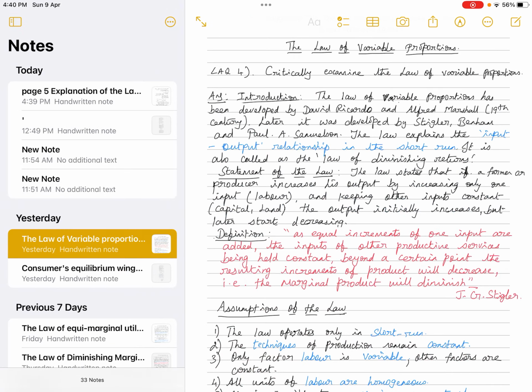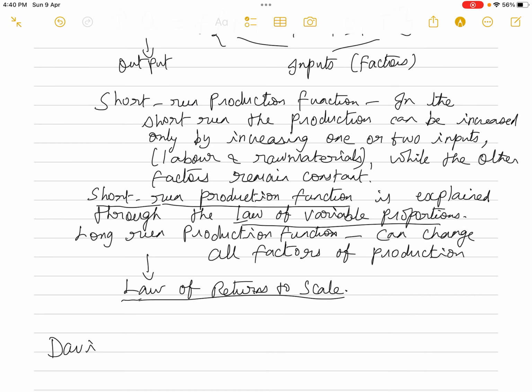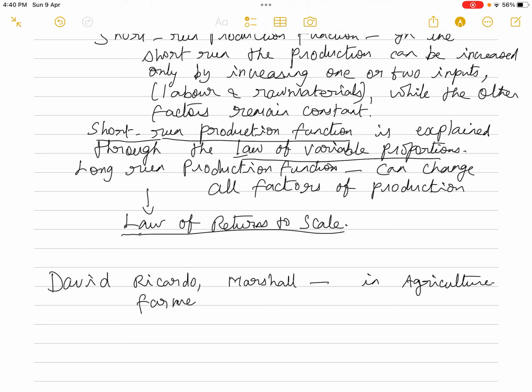That's what I just explained to you. It is also called the law of diminishing returns. Now why is this law called the law of diminishing returns? See here, David Ricardo and Marshall, they all explained this law in connection with agriculture.